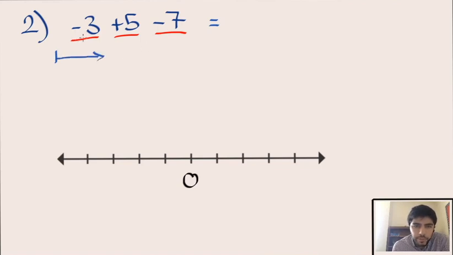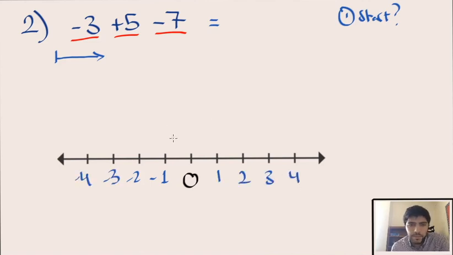So for now, we'll start with negative 3. This is where we start. So step 1, where do we start? So we're starting at negative 3. So in this case, I'm gonna number them like this. And we have negative 3 over here. So this is where I am starting.